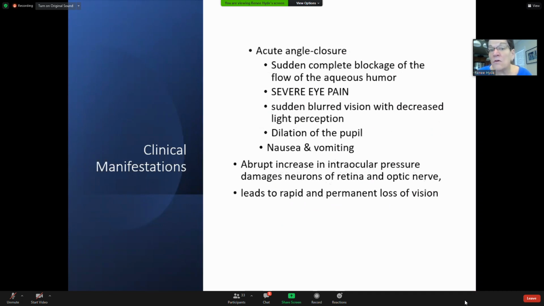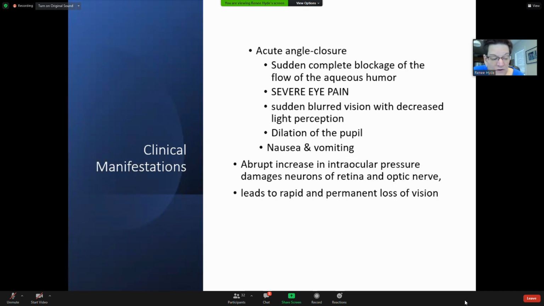Now, angle closure glaucoma is a sudden complete blockage of that flow. We're talking severe eye pain, sudden blurred vision, decreased light perception. People will often dilate.